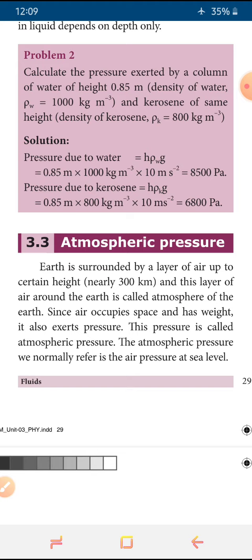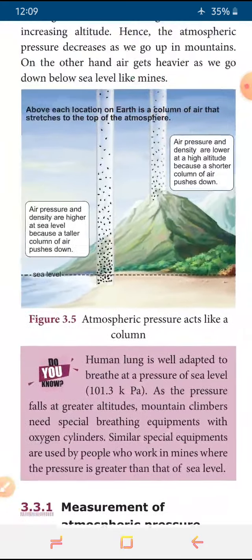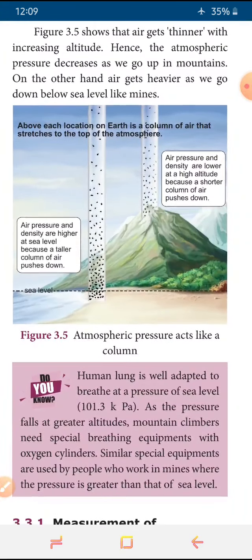So we experience that pressure. This is called atmospheric pressure. This pressure value varies from height to height. When we go higher, the pressure value decreases. This pressure is due to the atoms and molecules present in the gas and air. This is called atmospheric pressure.